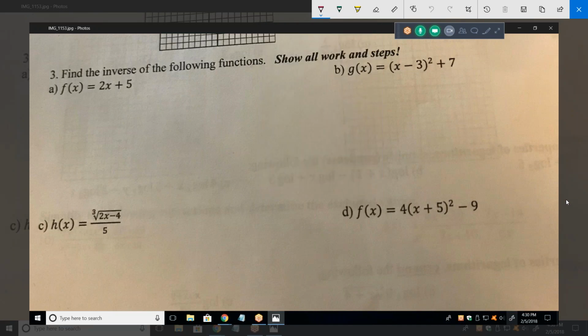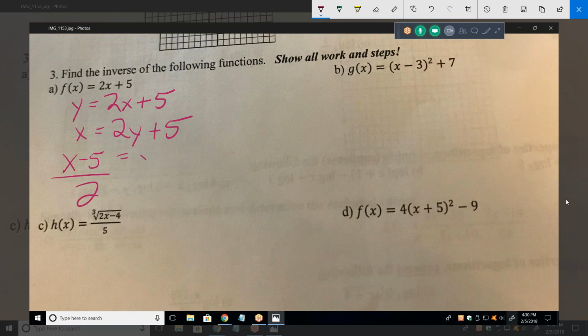y equals 2x plus 5. Just read each line to me. That's a good way to do it. x equals 2y plus 5. And then subtract 5. And then divide by 2.